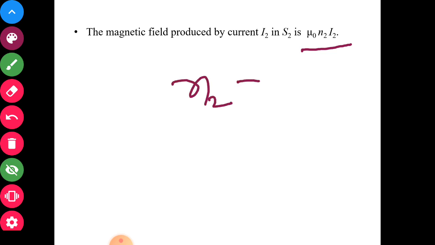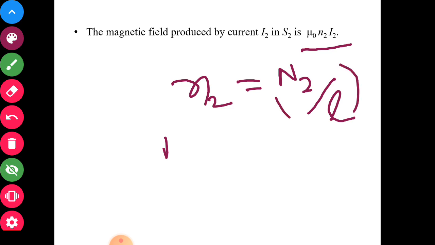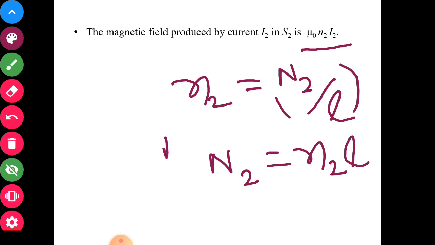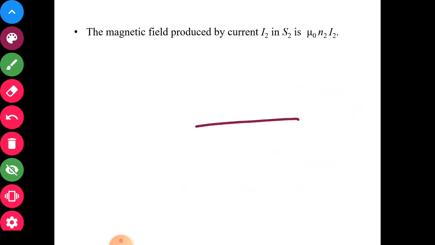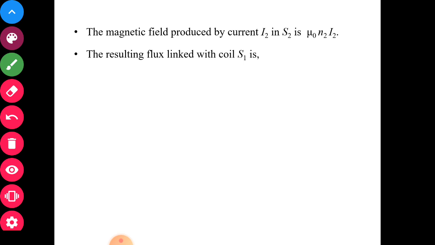It is the number of turns per unit length, that is, the total number of turns N2 divided by the length L. So the total number of turns N2 can be written as n2 into L. How many turns are there? It is n2 into L. This can be understood easily. Now we move further: the resultant flux linked with the coil S1.